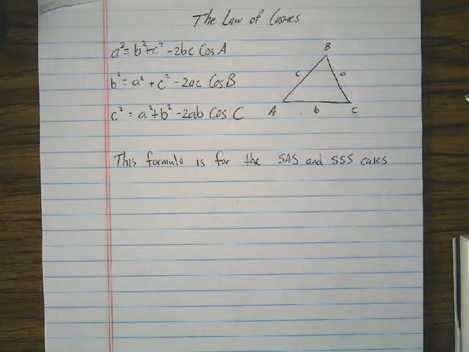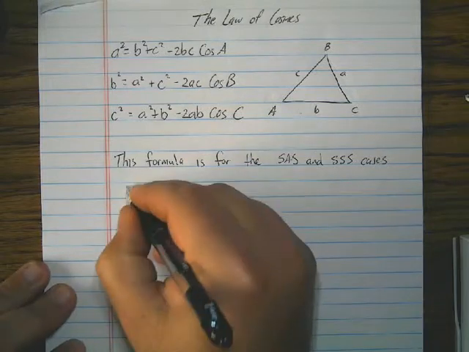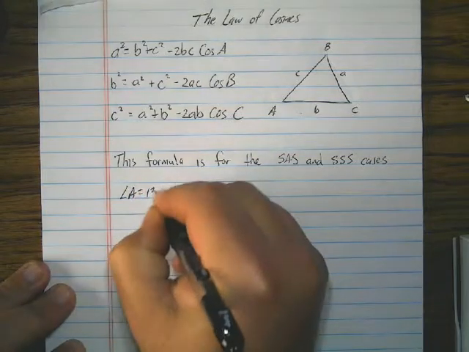So an example would be, as I gave you, angle A equals 132 degrees, side B is equal to 8, and side C is equal to 9. So that's what's given.